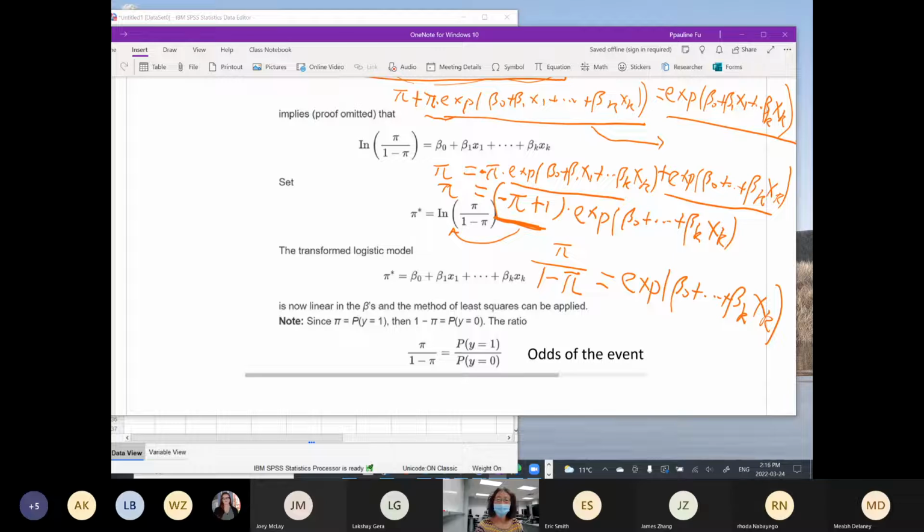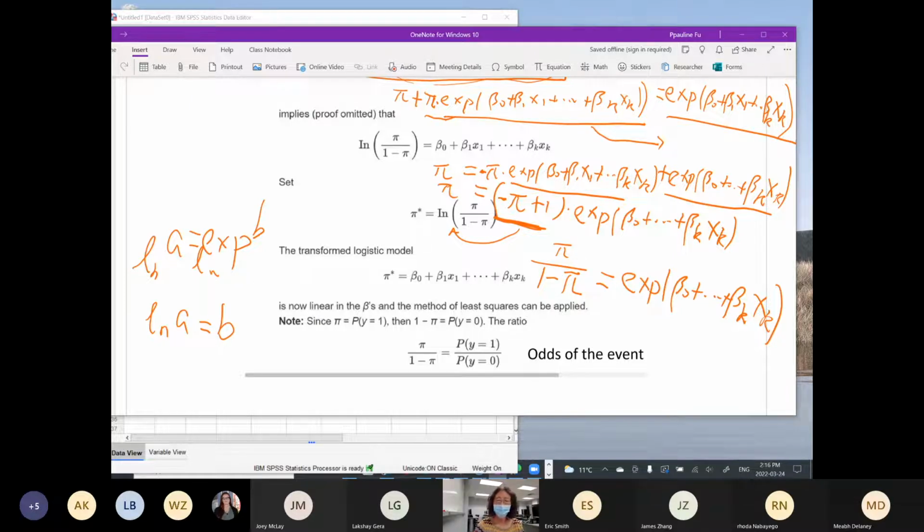Remember in mathematics, if you have, for example, a equal to exp(b), you take log on both sides, so you get log a equal to log exp(b), and the exponential function cancels out. You get log a equal to b. That is a mathematical property.